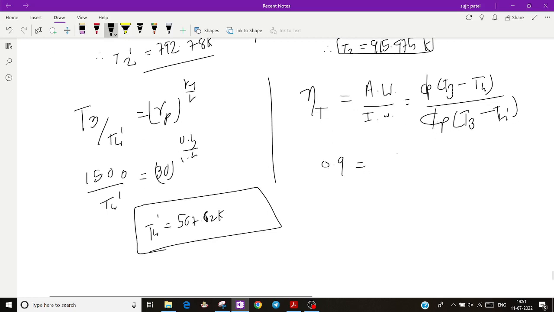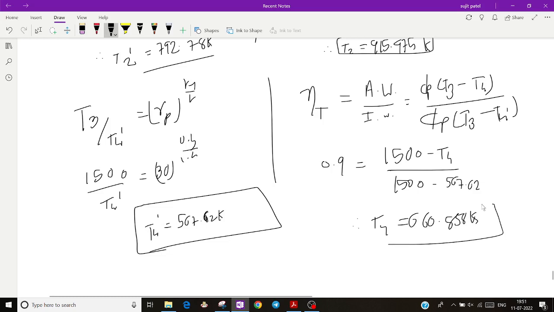Cp will get cancelled out. T3 is 1500 Kelvin, T4 we don't know, we have to find. T3 is 1500 Kelvin minus T4 dash, we have found out 567.60. When you solve this, you will get T4 as 660.858 Kelvin. So these are the exit temperatures at all the 4 points.